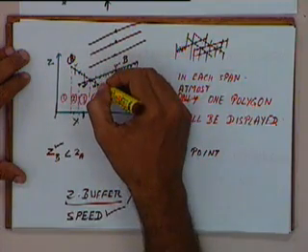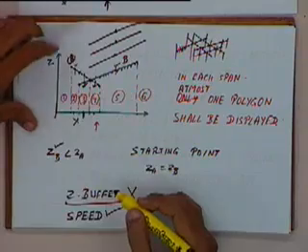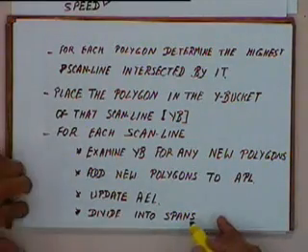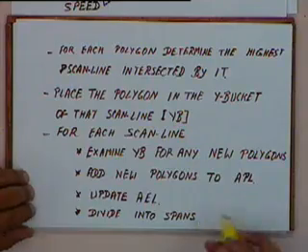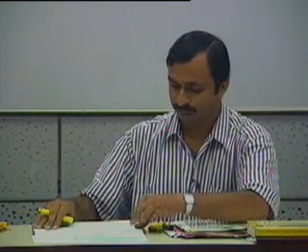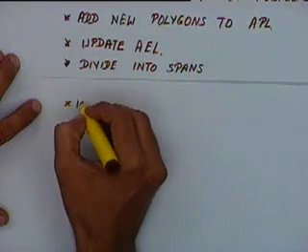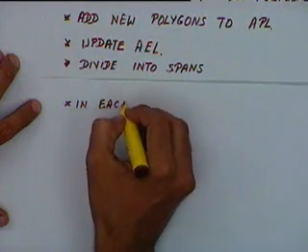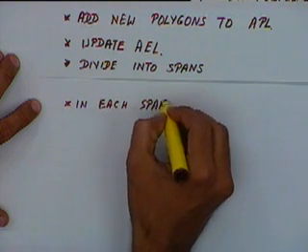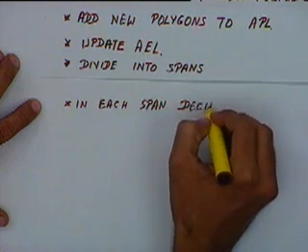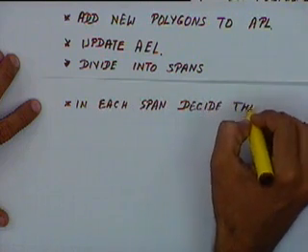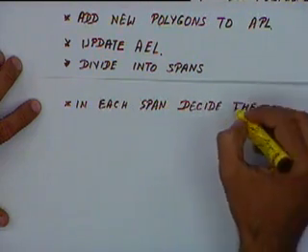So from the active edge list, I can divide my region into spans, and once I have divided the region into spans, then in each span you decide which is the closest polygon.